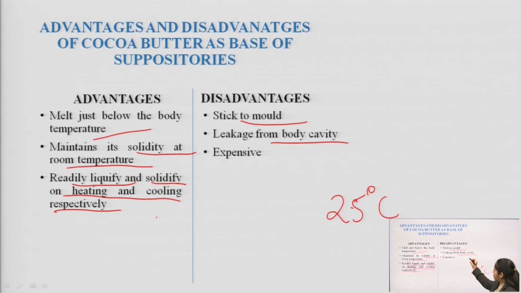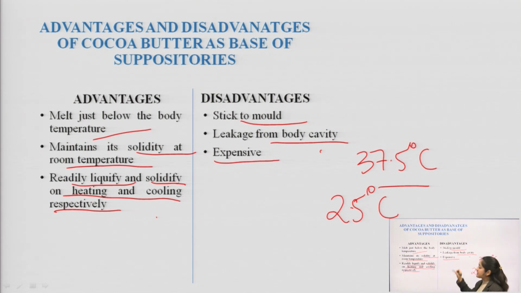As we know, cocoa butter suppositories are going to melt at 37.5 degrees Celsius. So, at this temperature it is definitely going to ooze out from the organ where it was inserted. So, leakage is definitely a prime concern when we are using cocoa butter suppositories.